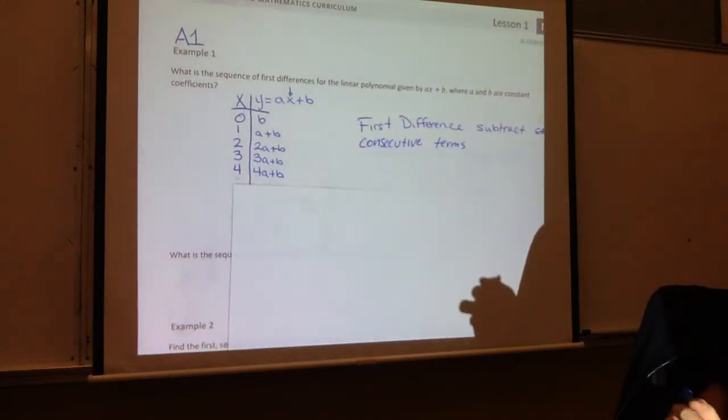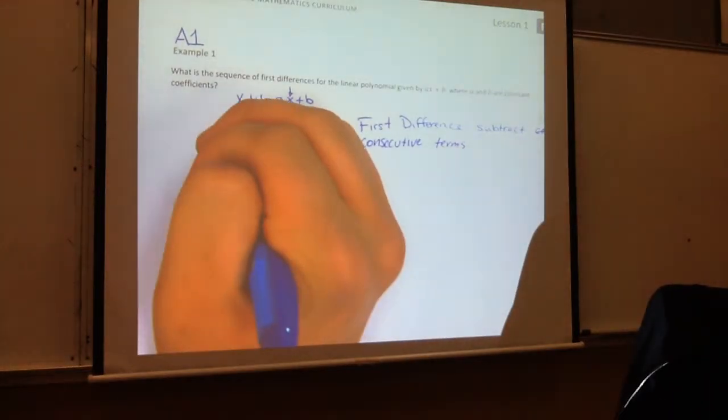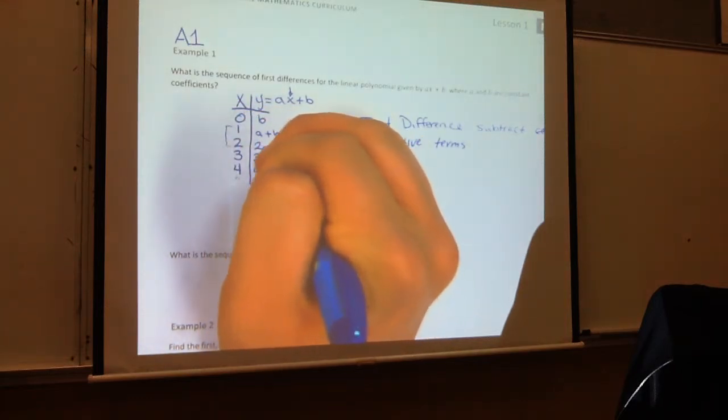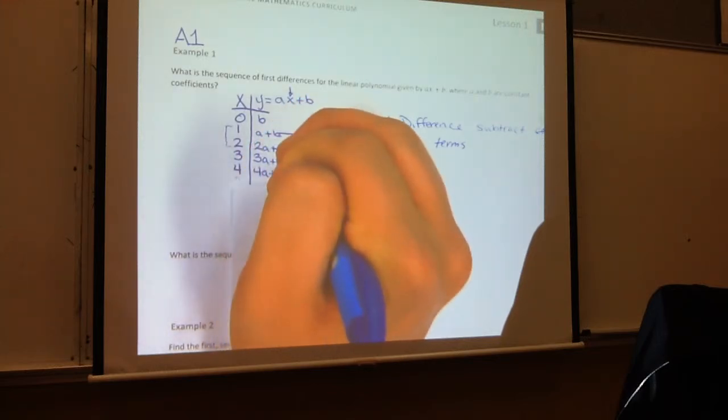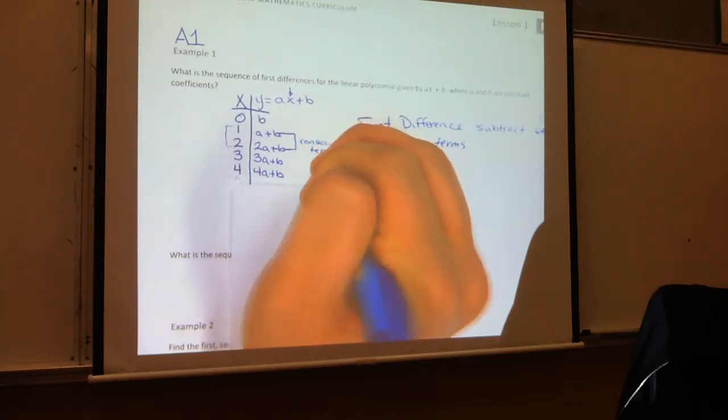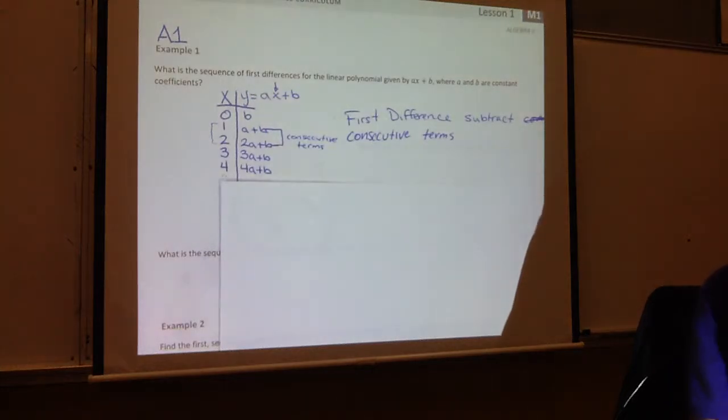So, consecutive terms would be 1 and 2. So we can subtract 2a plus b minus (a plus b), right? These are consecutive terms.